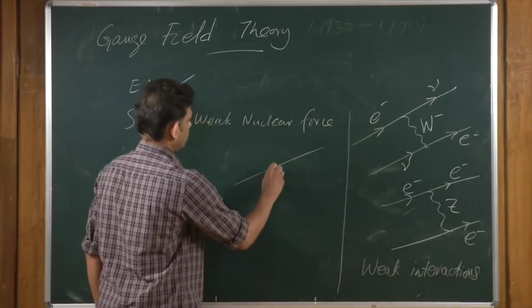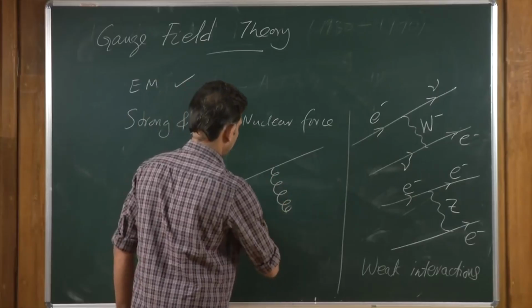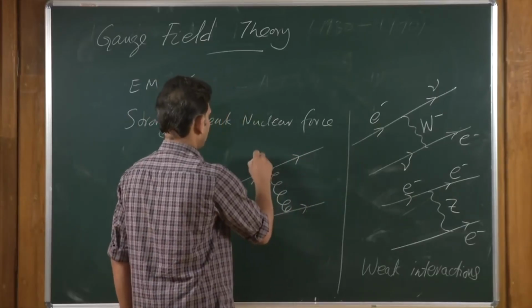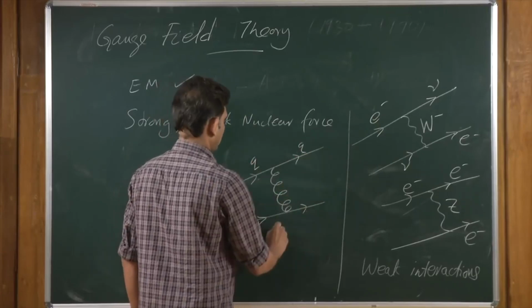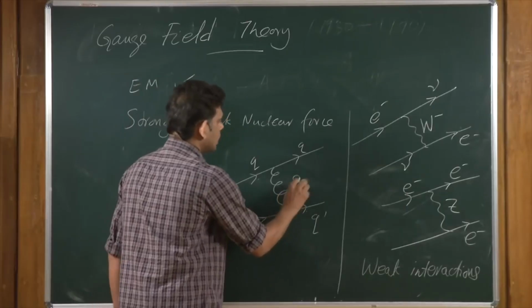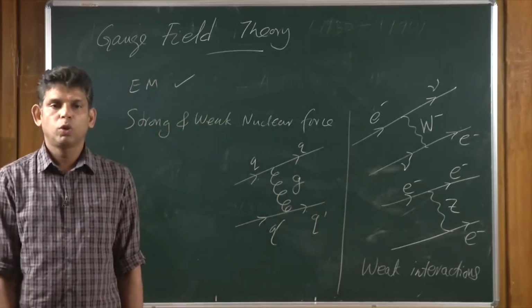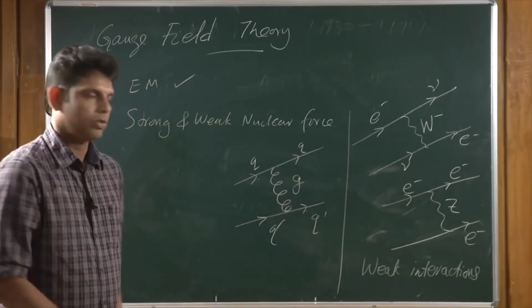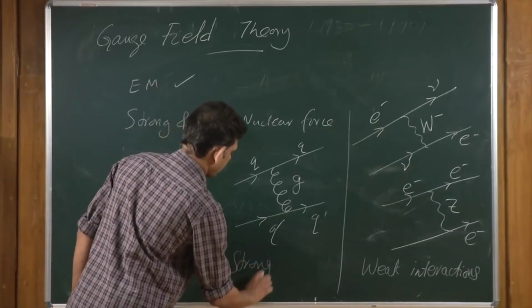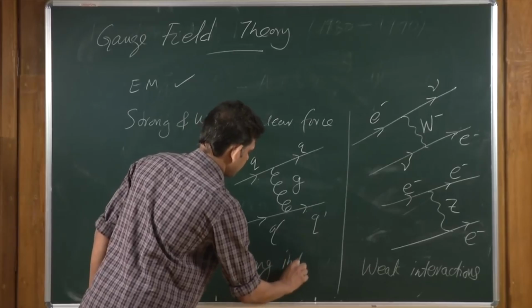And strong force is also similarly happening through exchange of some other mediators which are called the gluon, they glue together this strong thing. So, this is basically the strong interaction.